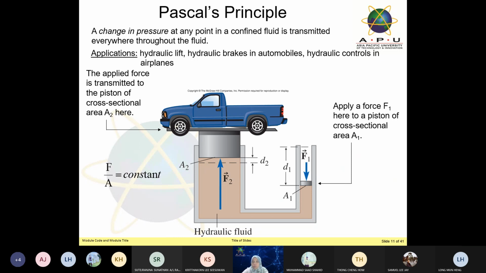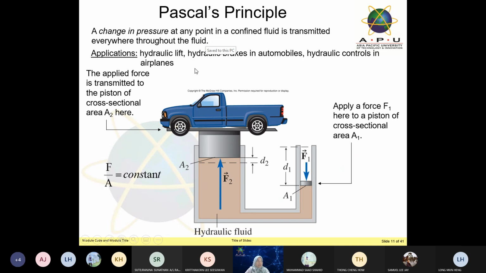Next, we will go to another example. Okay, still under Pascal principle. A change in pressure at any point in a confined fluid is transmitted everywhere throughout the fluid. So this is another statement for Pascal principle. Okay.